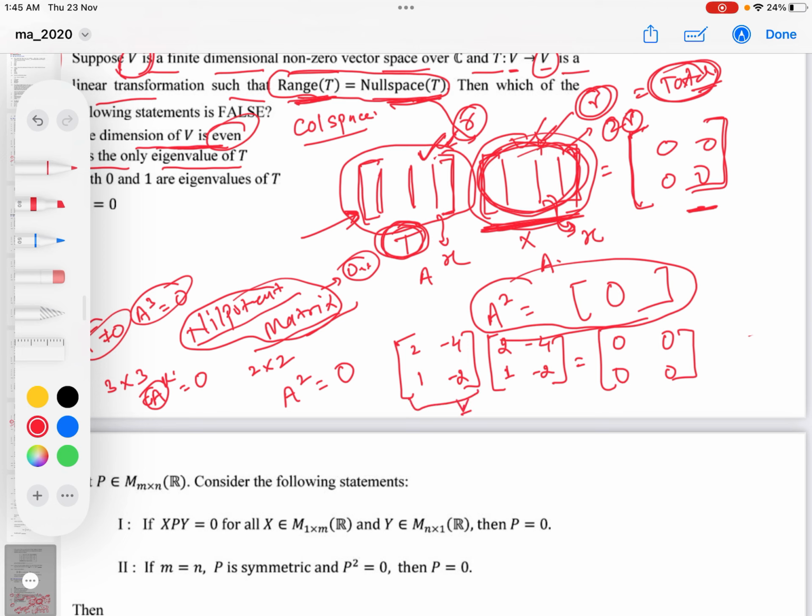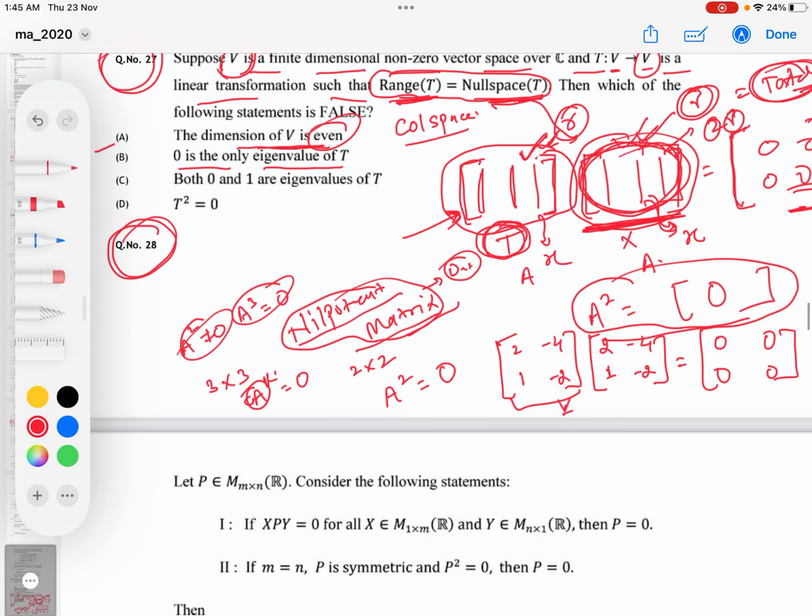So the second option says 0 is the only eigenvalue of T. If you look at this nilpotent matrix, it has determinant 0, and if you add up the trace, it will also be 0. These are the properties of the nilpotent matrix, right?